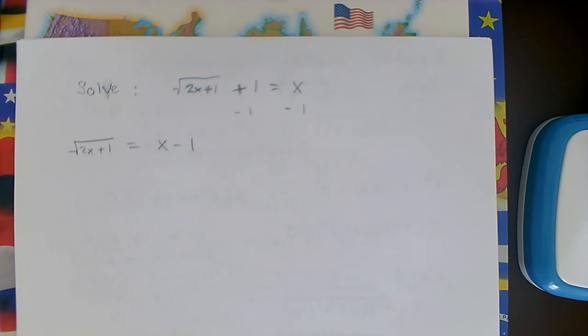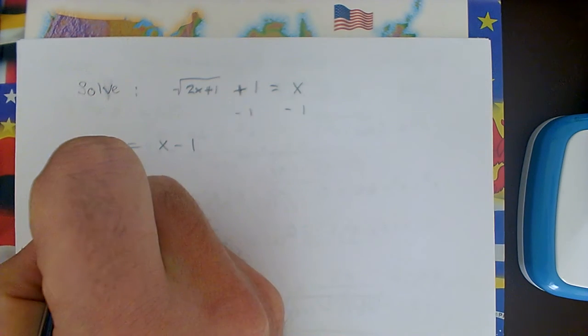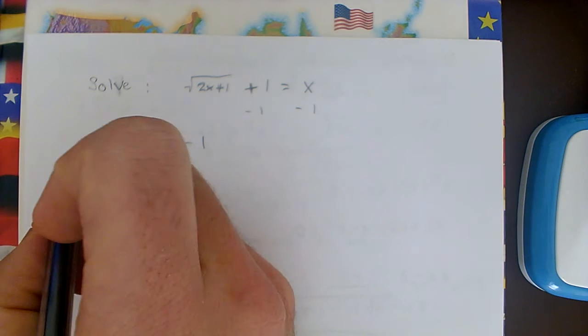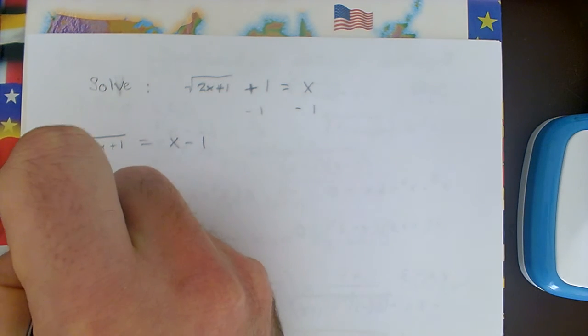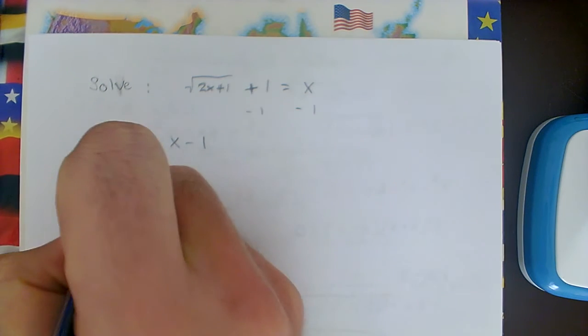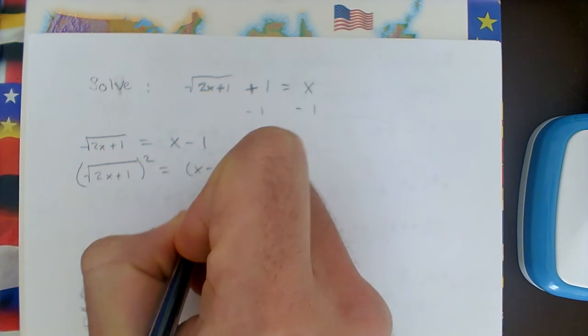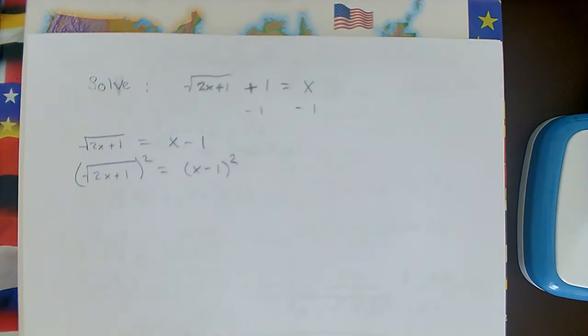Okay, now the next step is the same as the last example. We have to get rid of this radical by squaring both sides. So we have the square root of 2x plus 1 squared, and x minus 1 squared.